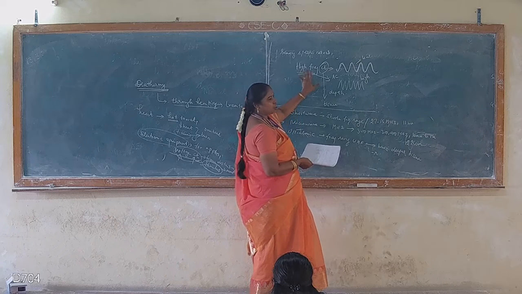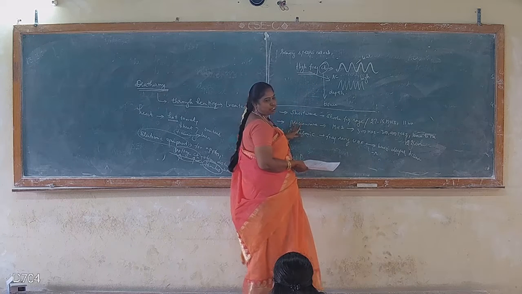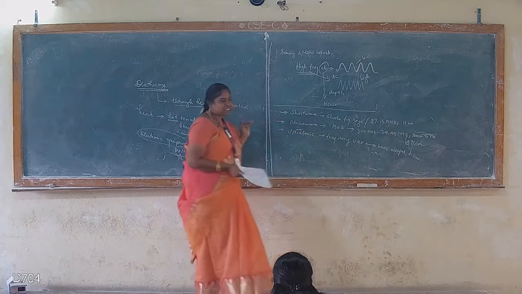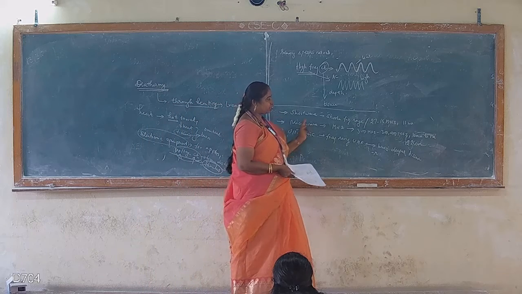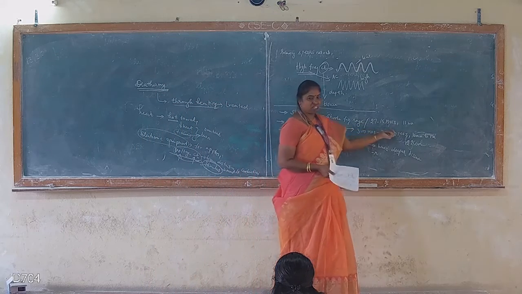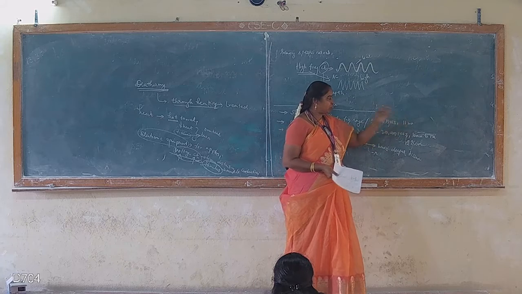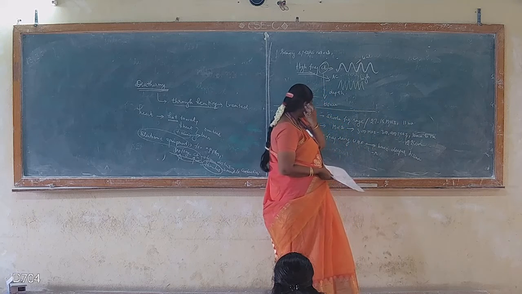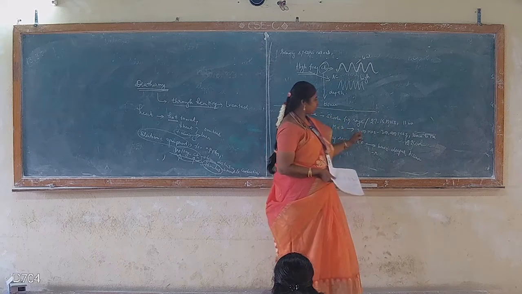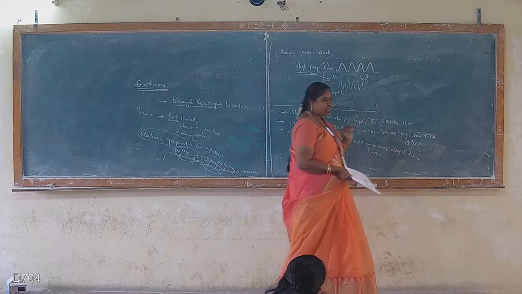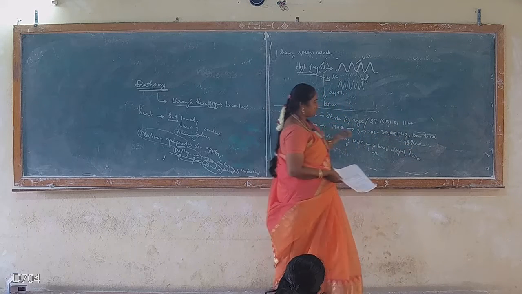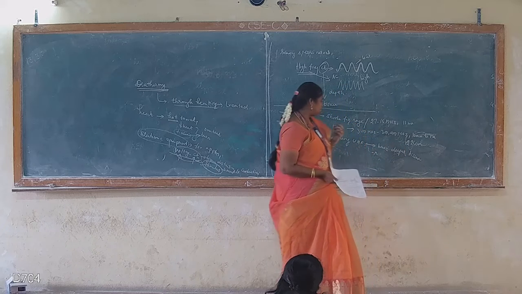Based on the amount of high frequency we provide, diathermy techniques are basically divided into three: shortwave, microwave, ultrasonic. Shortwave frequency range is 27.15 megahertz with a wavelength of 11 meter. Similarly for microwave, 300 to 300,000 megahertz, where the area to be treated can be up to 12.25 centimeter.